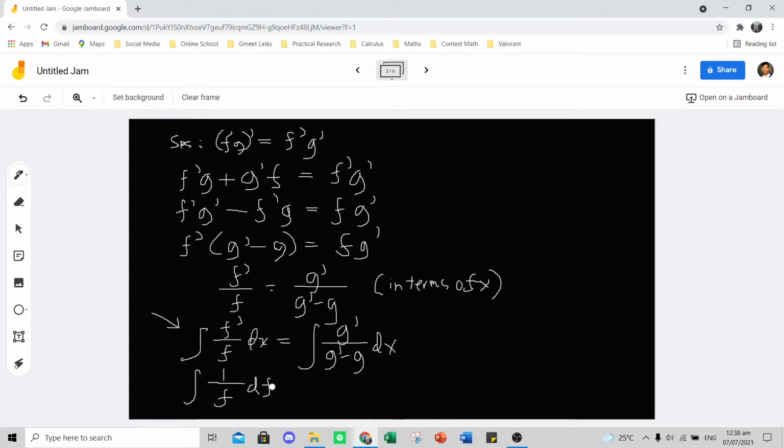Why is that? Because differentiating f gives df over dx, and we get that df is equal to f prime dx. So by substitution we have df. And we can equate it to the right hand side.